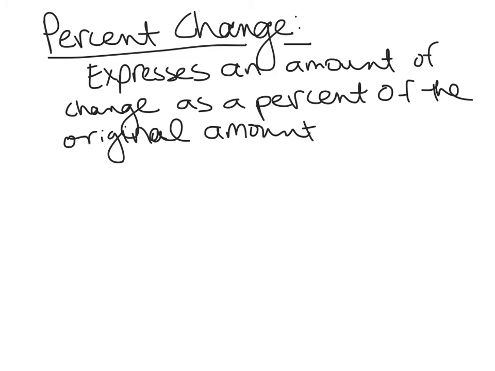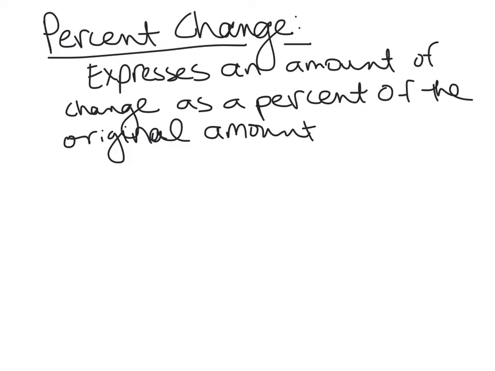So percent change expresses an amount of change as a percent of the original amount. So basically we're figuring out, is it a percent increase or decrease, and if so, how much of what we used to have is there now? What's that change?